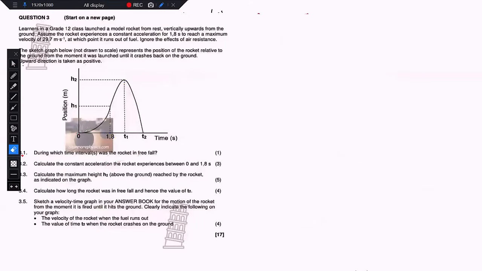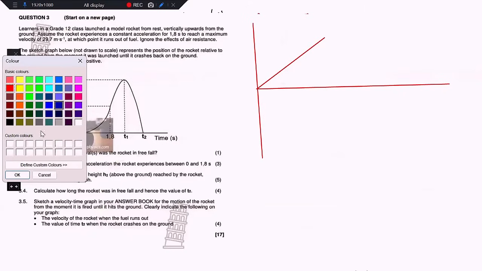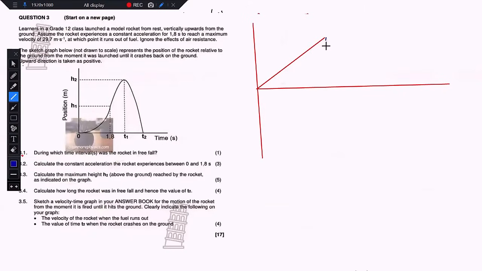Okay, so the kind of graph that we are going to draw now that we took up as positive is this. So now we know that between 0 to 1.8, your rocket was just moving at a constant velocity. So this is to show constant velocity there. And then here, let's indicate this was up until 1.8 seconds.